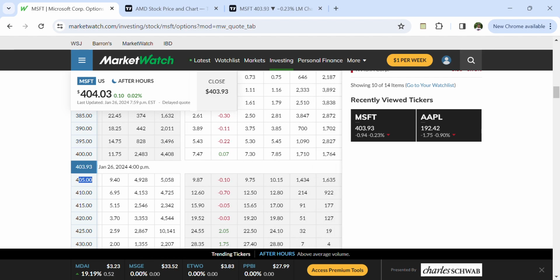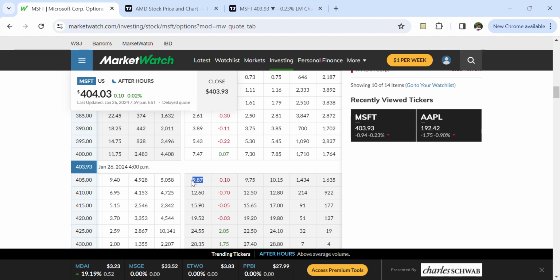If I slide right, 405 is already achieved on the put side. 405 means going downward. Suppose the Microsoft stock has been falling from 410, it has already crossed 405 on the downside, so 405 is in the money.